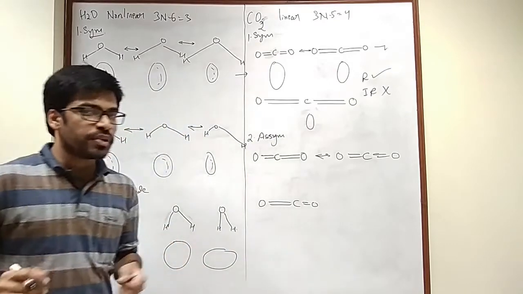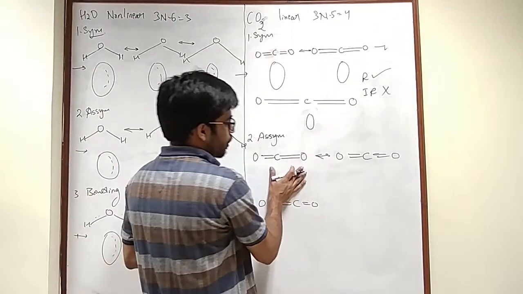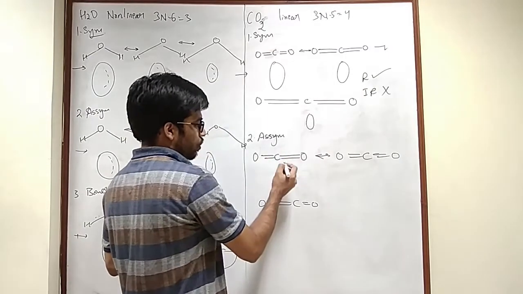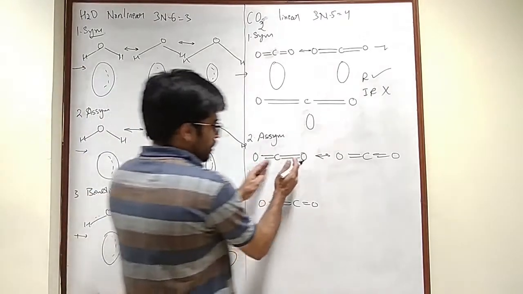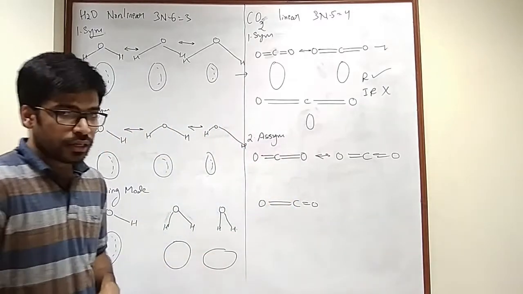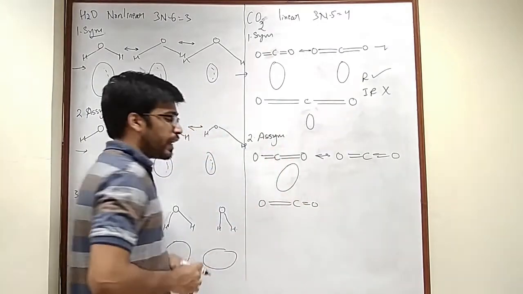This is an example of asymmetric stretch. In this case, what is happening? The polarizability along this axis is changing, but in this case, the polarization of this bond is higher. So the polarizability ellipsoid will look something like this.